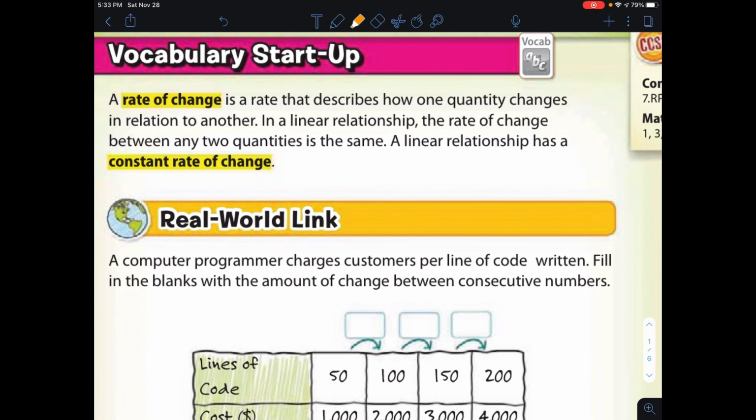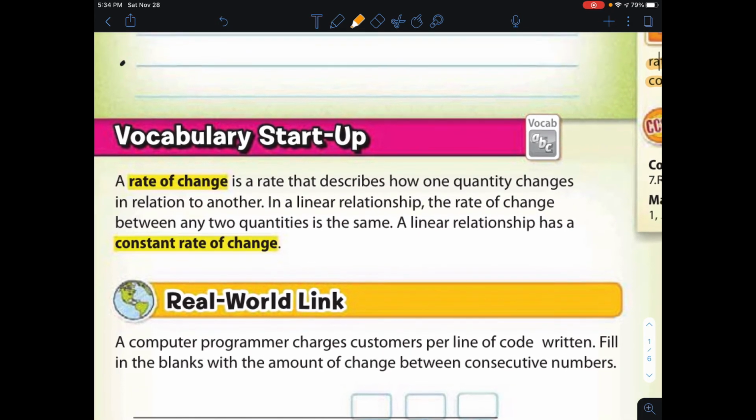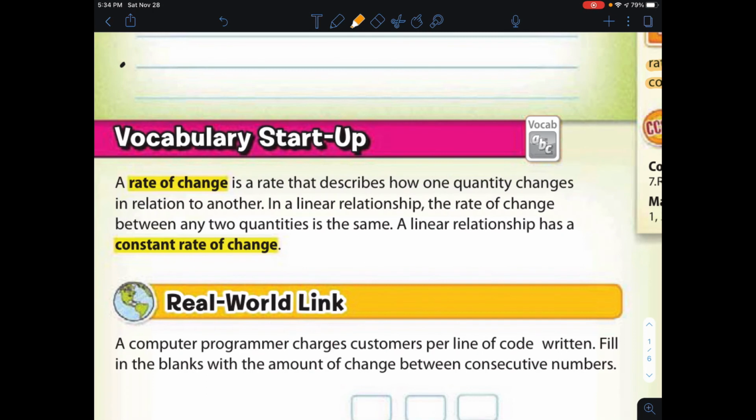Okay, so there are two terms that have been defined here. Rate of change, which basically tells us how one quantity changes in relation to another. A good example would be the average number of words.